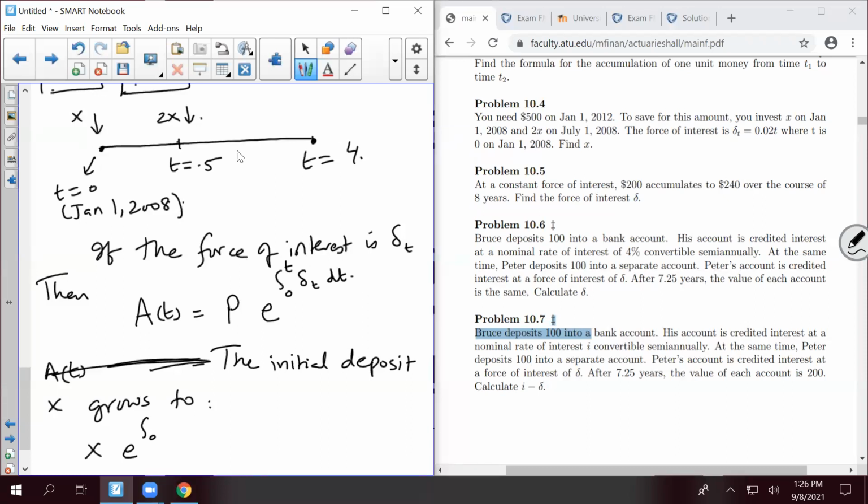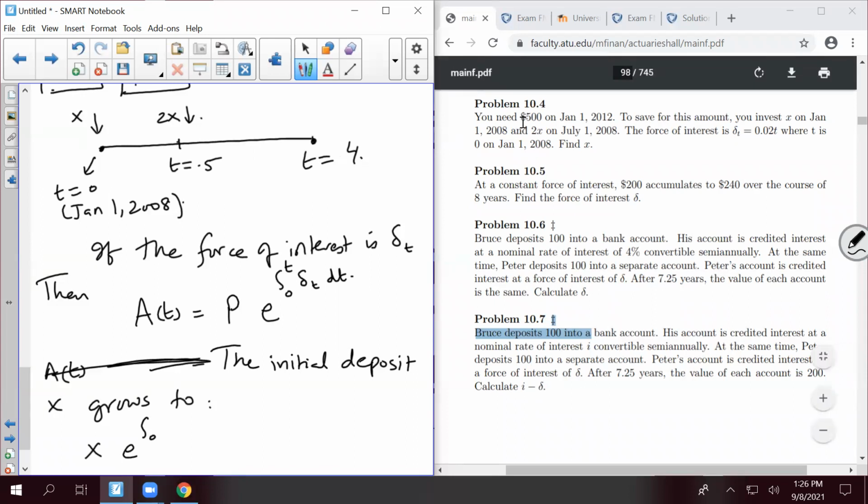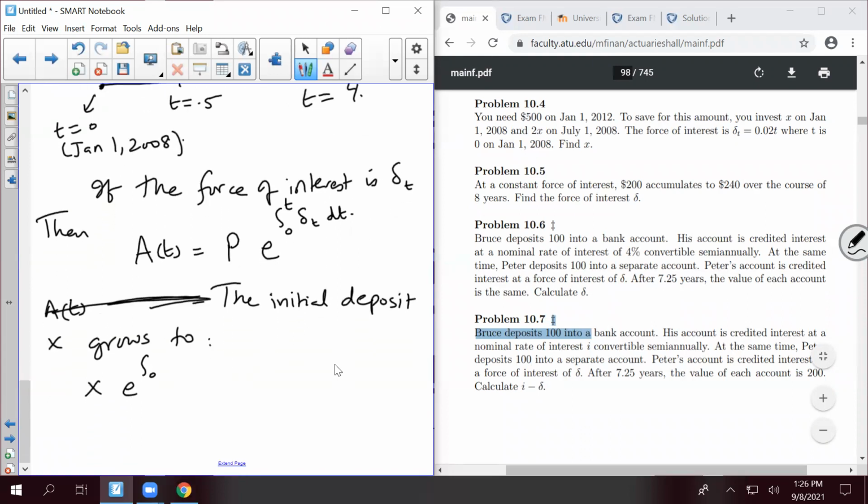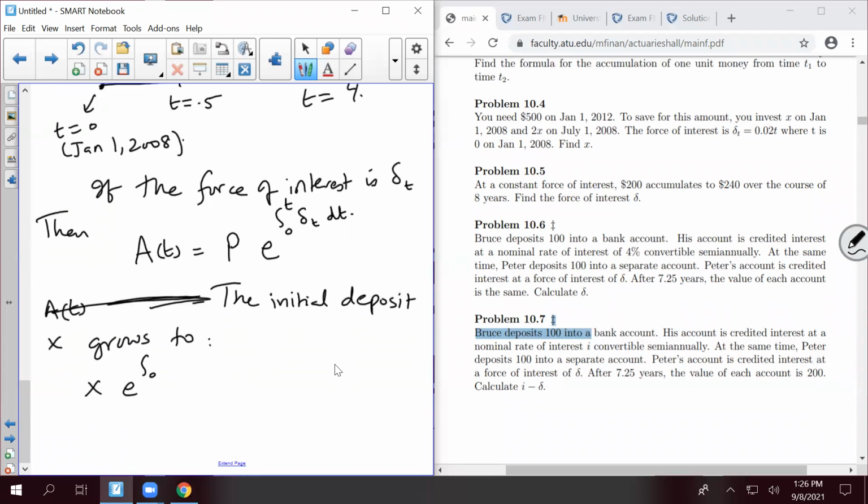It's deposited here, and we are interested in what's happening at the end, right? Yeah. At time 4, because you need 500 at time 4. So the initial deposit X grows to, in 4 years, e to the power integral 0 to 4 of delta t dt.